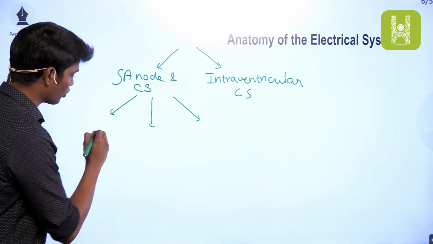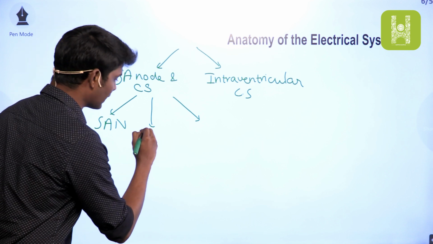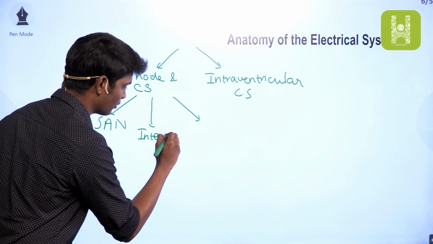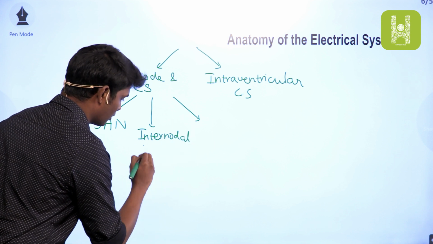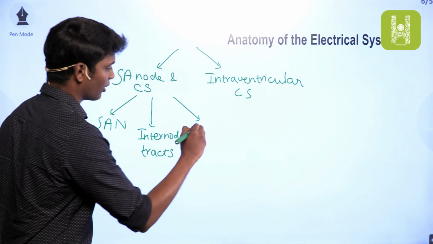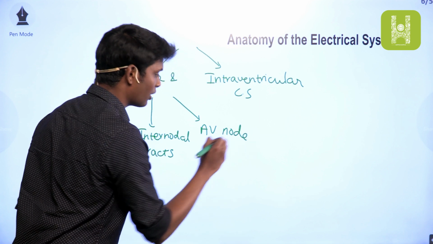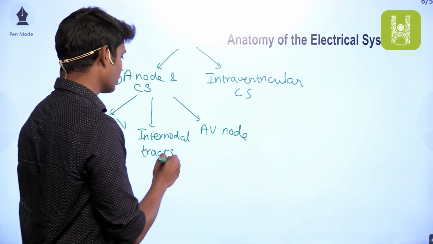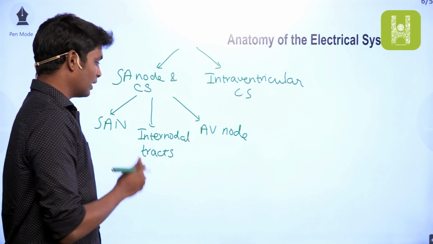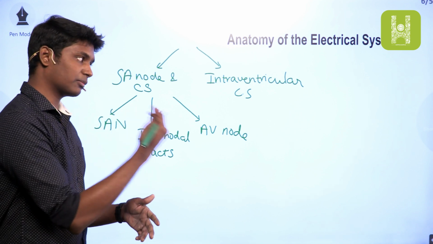The first one is the SA node proper, or the sinoatrial node, and the next one are the internodal tracts. And the third one is the AV node or the atrioventricular node. So actually these internodal tracts connect the sinoatrial node and the AV node. This is pretty inconspicuous and its function is not known yet. I'll explain about it later.